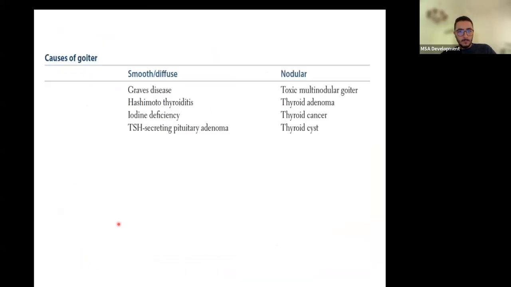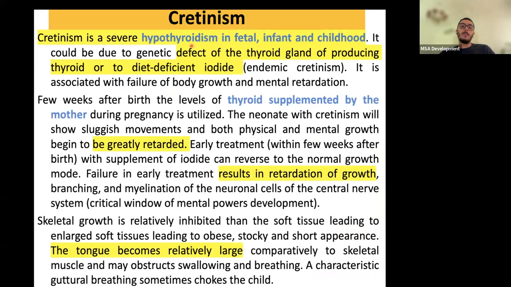Differences. Causes of goiter, we talked about them: Graves' disease, an autoimmune disease causing hyperthyroidism, Hashimoto thyroiditis, an autoimmune disease causing hypothyroidism, iodine deficiency, TSH, all of these cause goiter. Cretinism is basically hypothyroidism in infants and childhood.